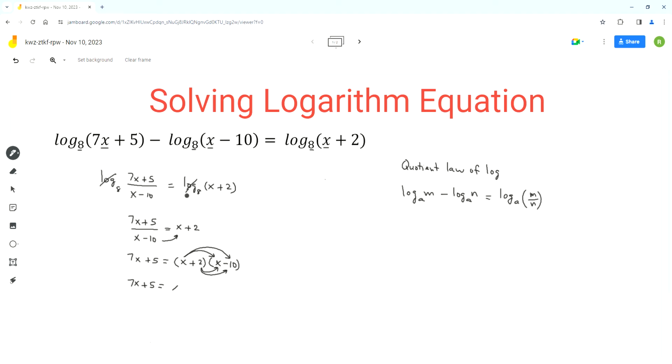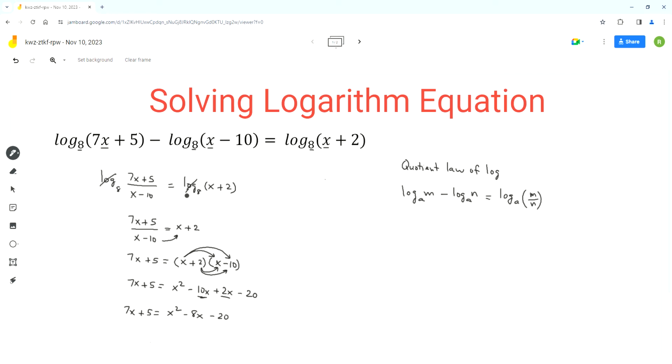So we get x times x, which is x squared. x times negative 10 is negative 10x. Then 2 times x, which is 2x. And then 2 times negative 10 is negative 20. Now we can identify and combine like terms. So we get 7x plus 5 equals x squared minus 8x minus 20.